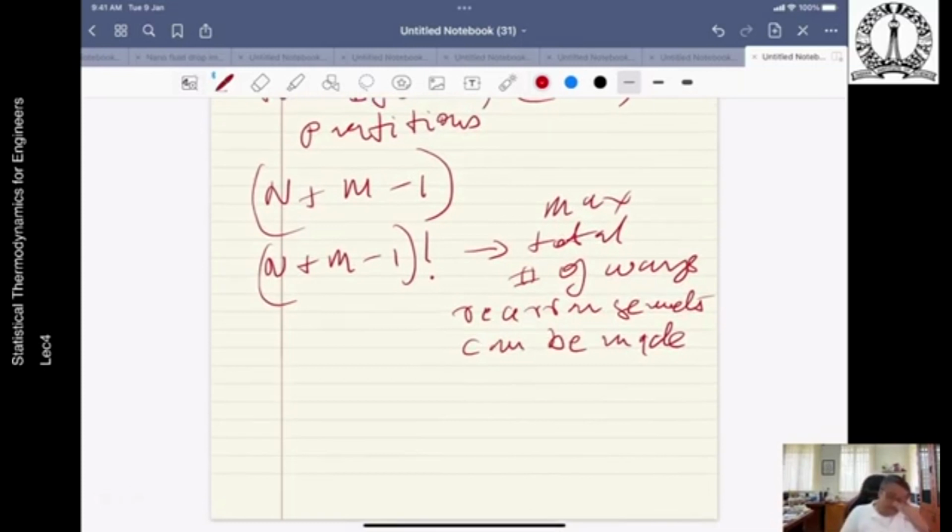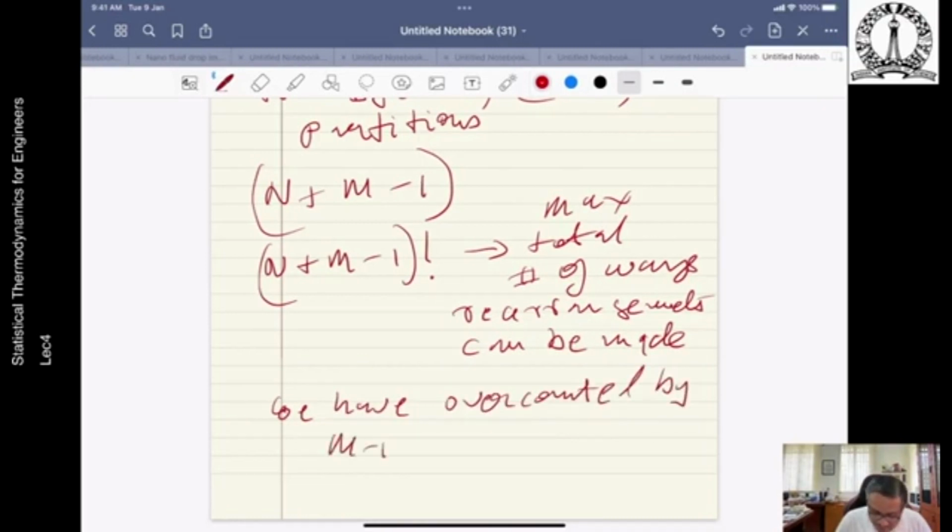However, interchanging the partitions produces no new arrangement, right? If you just change the partitions, it doesn't result in anything. So therefore, we have overcounted by m minus 1 factorial. It's the first overcounting, right?